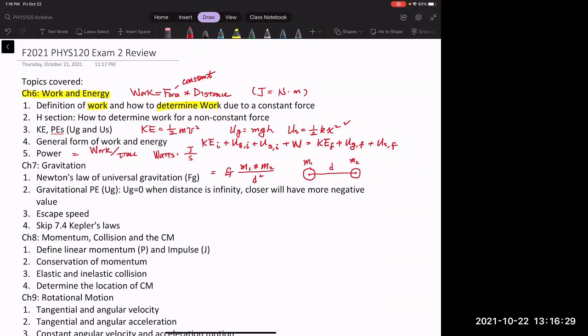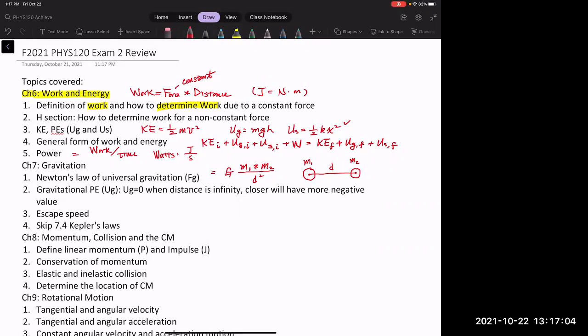But if you bring things closer and closer, you will start to have a change of potential energy. That change goes more and more to the negative. So the equation that you look at from the book or from the formula sheet will have a negative sign for that. That is not that obvious, but you have to use the negative sign. Otherwise, when you do the calculation, you might get the wrong answer.